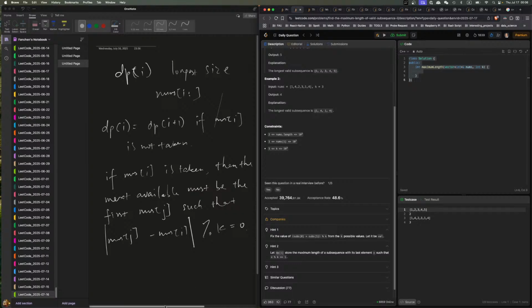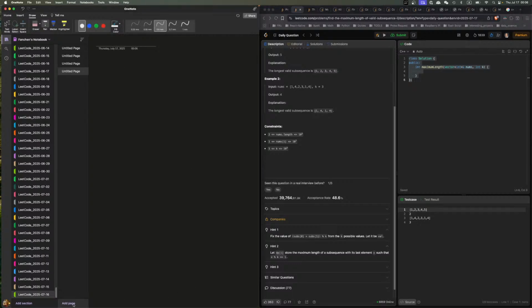This is very different from what I was thinking. dp[i] stores the maximum length of a subsequence with its last element x, such that x mod k is equal to i.